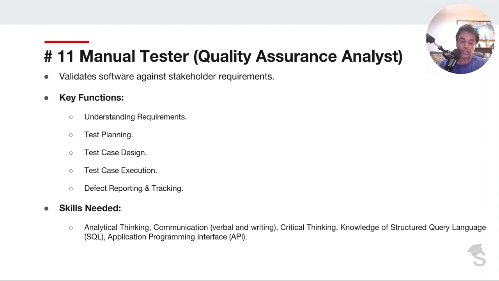Now, one thing about this role is that with so much automation built into today's software development process, the manual tester role has been replaced with automation test engineer. For automation test engineer, you must know how to code, but for manual tester, you don't need coding knowledge.